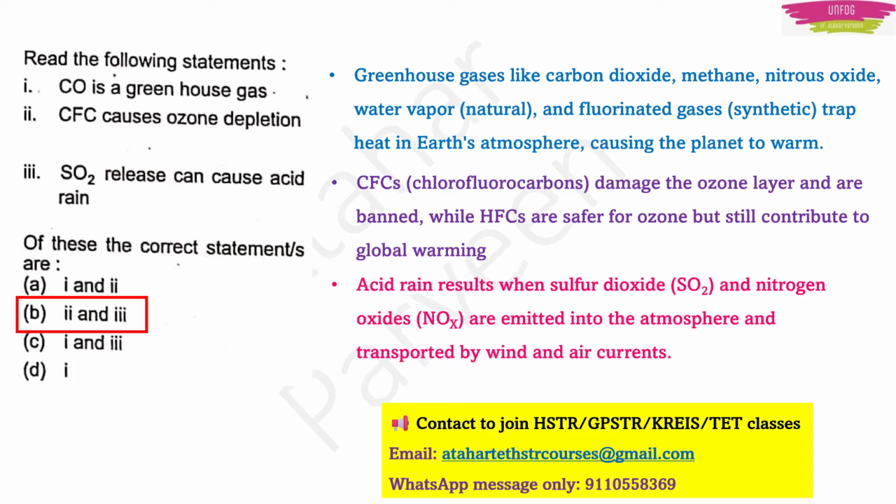Right? Carbon dioxide, methane, nitrous oxide, water vapor, and fluorinated gases are greenhouse gases. So carbon monoxide is out from the options. The other 2 statements are correct as we read just now. So that's why option B will be the correct answer here.